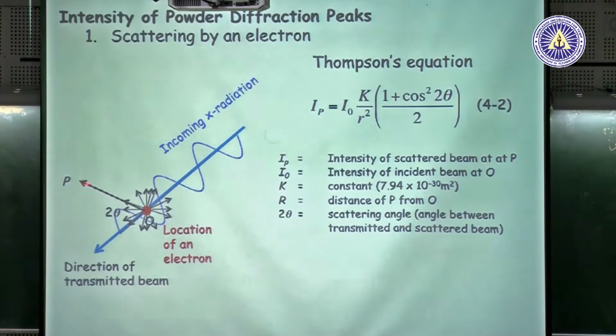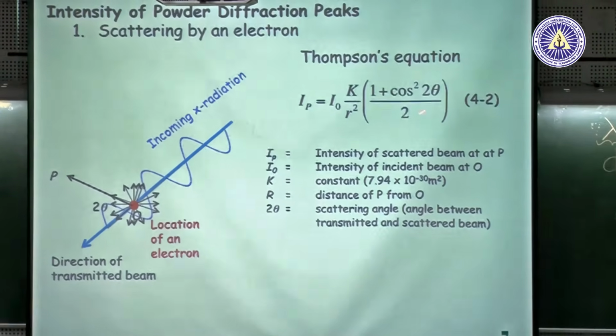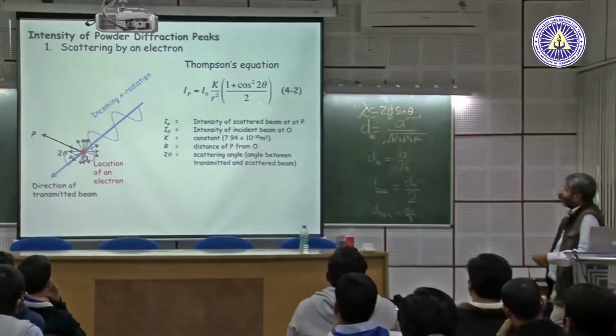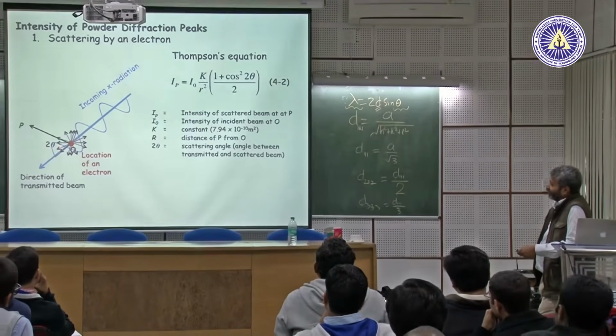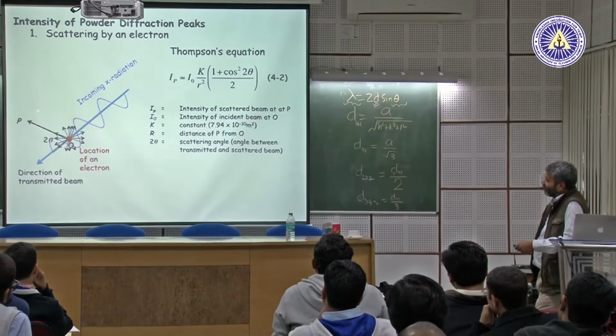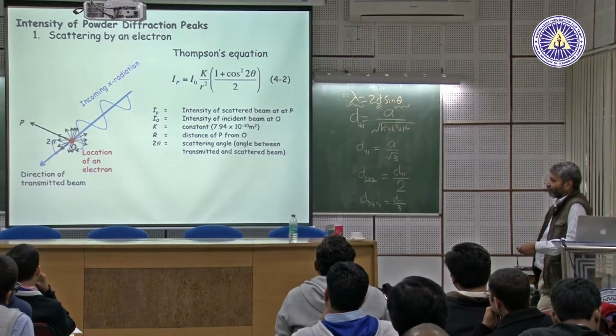So, if P is twice the distance from here, the intensity will be 1/4. That is what R square is doing. But the other term, this trigonometric term (1 plus cos square 2 theta) by 2, is doing what? It gives the variation of intensity as you change this angle 2 theta.